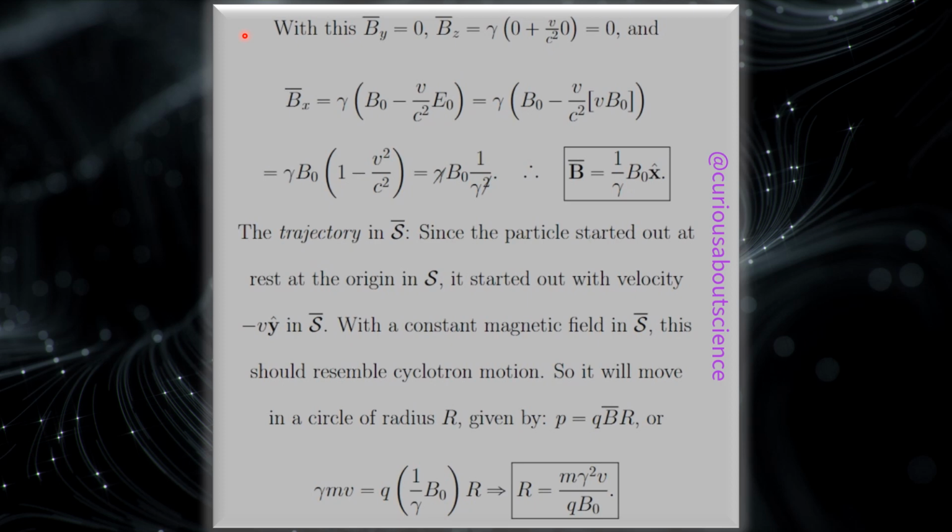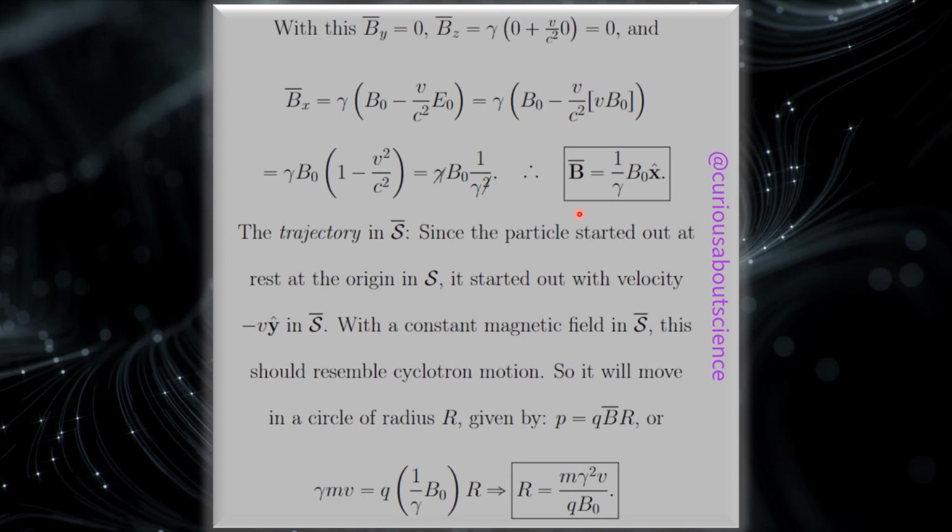So we plug that in and we see that we get a gamma B naught factored out, and then we get 1 minus v squared over C squared. But we see that that is also equal to 1 over gamma squared, so the gammas cancel here, and we like that. So what we end up with in the transformed system is a B field that is 1 over gamma B naught x hat.